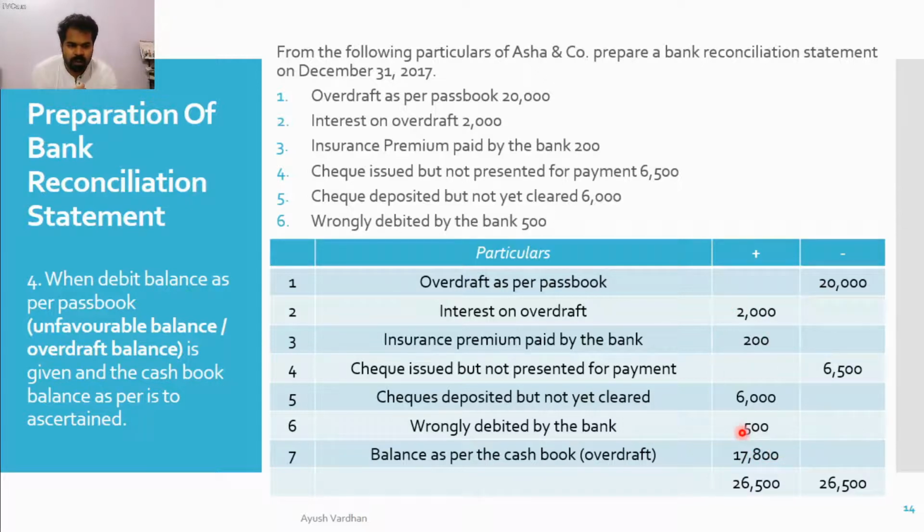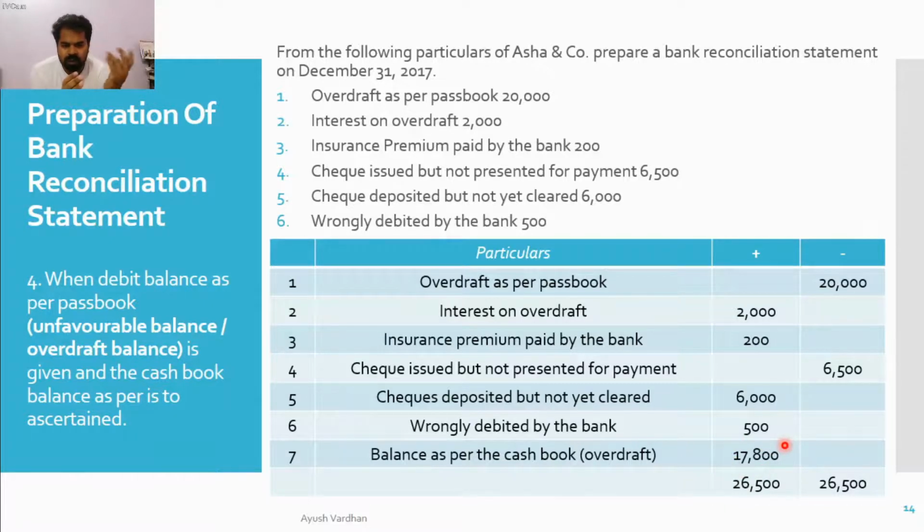So we have totaled this and debited it from 26,500 rupees. When we deduct these entries from 26,500 rupees, the amount that comes is 17,800 rupees.